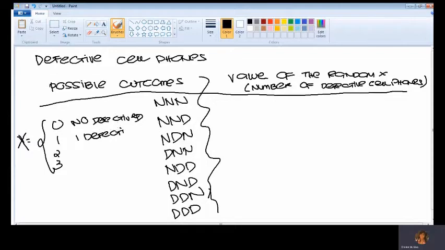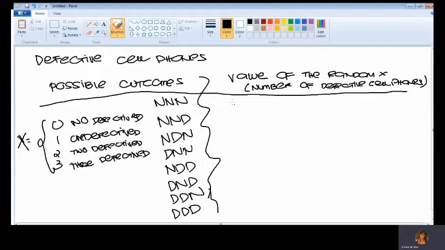So 1 defective, 1 defective. If there's 2 defective, we note 2 defective. If there is 3 defective, we're going to note it 3 defective. The number of defective cell phones is a random variable.